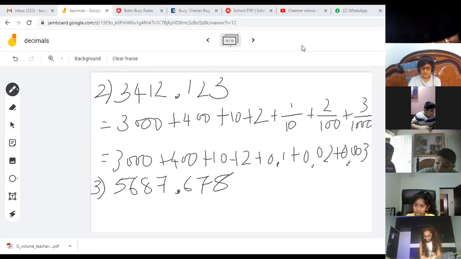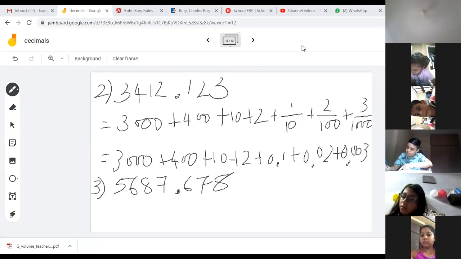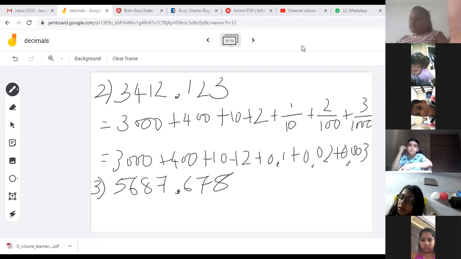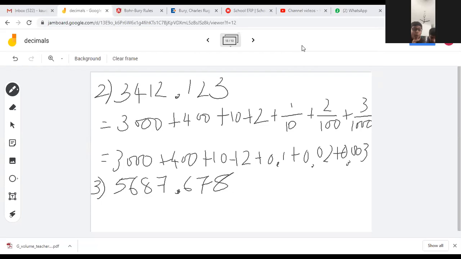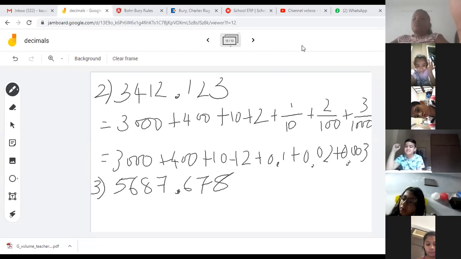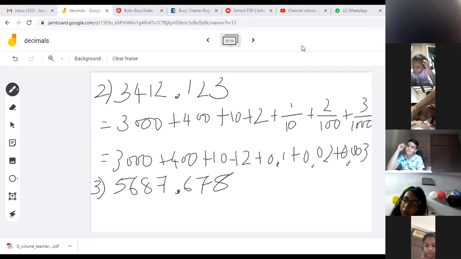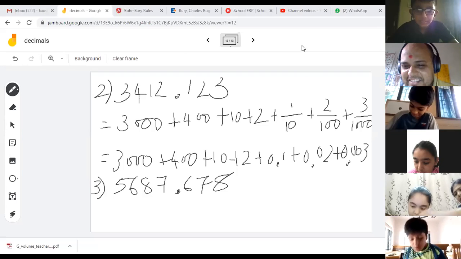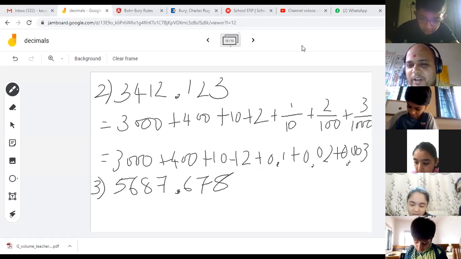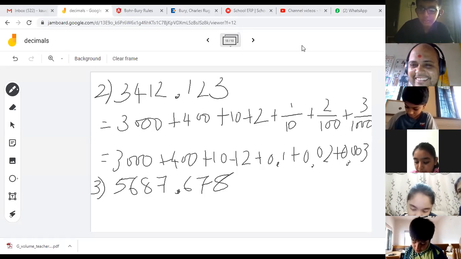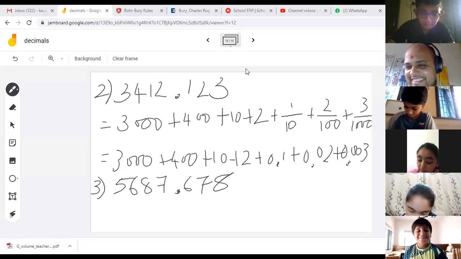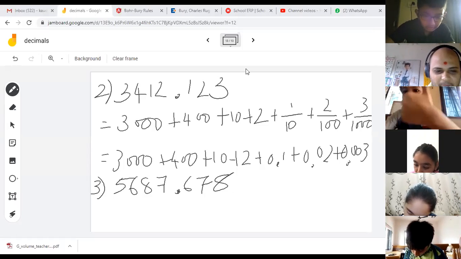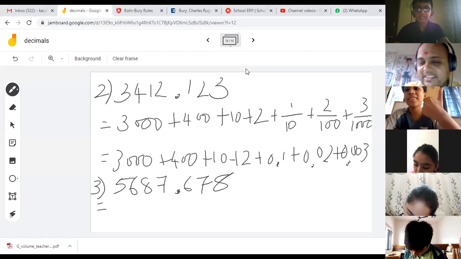Let's do it quick. 2. 1. 0.9. 0.8. 0.7. 0.6. 0.5, 0.4, 0.3. 0.2 and 0.1.